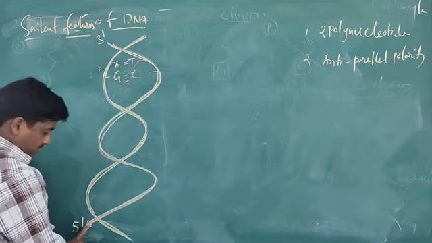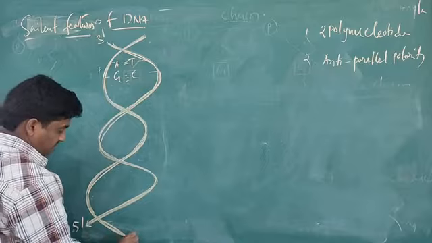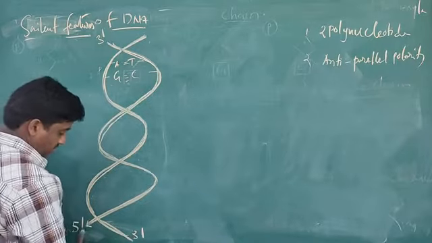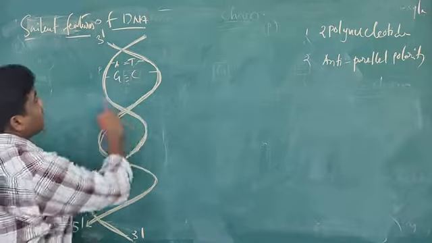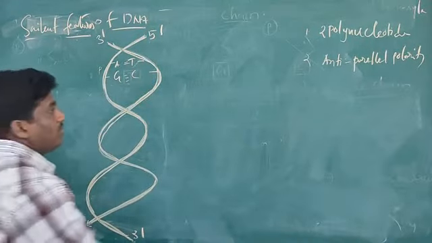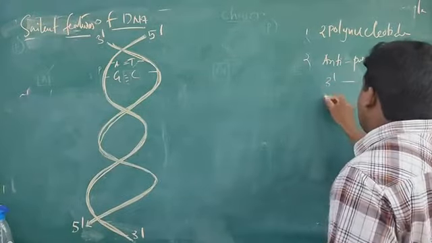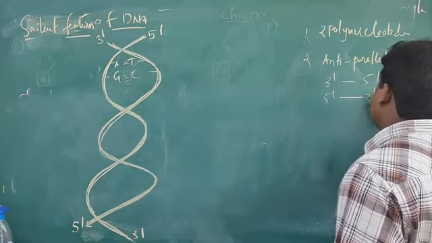The opposite strand starts from the 3' end and ends with the 5' end. So one runs 5' to 3' and the other 3' to 5'.